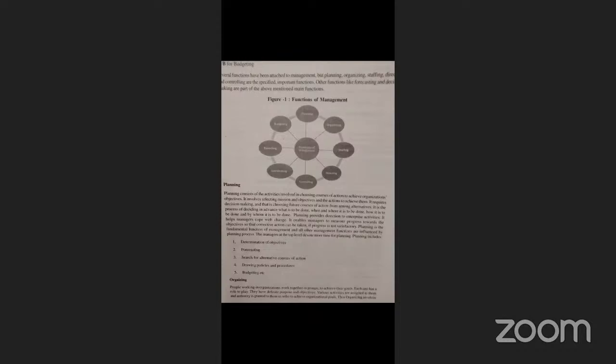Okay, so before planning, you need to think for the future existence of the organization, to achieve the goals of the organization, to achieve the objectives of the organization. Okay, so it involves selecting mission.